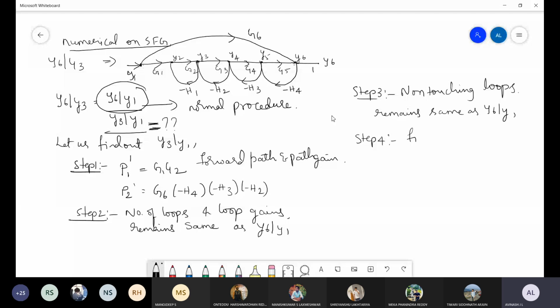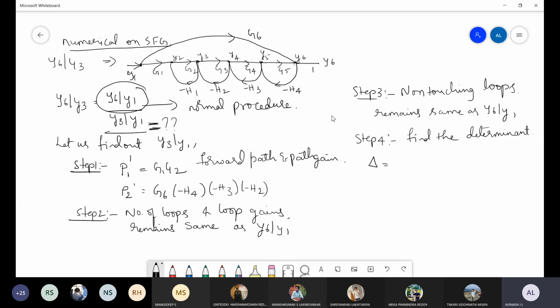Find the determinant. So when you're finding the determinant delta, so you can understand the formula. Delta equal to what? 1 minus summation of all individual loops plus summation of non-touching loops taken two at a time, like that.